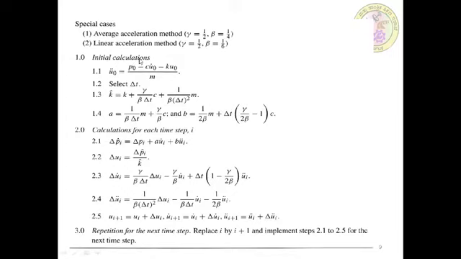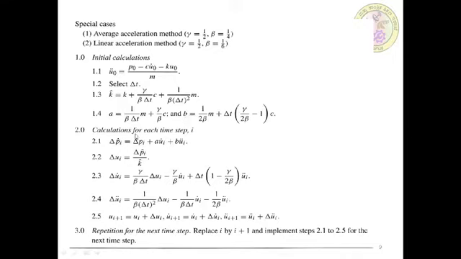Here is how the procedure is carried out. The steps are given. First, the initial calculation of the initial acceleration: it is calculated as p naught minus c into u naught minus k into u naught, divided by m. Now select some time interval. Then k hat, or k cap, is equal to k plus this particular expression, where a, b and c are constants.